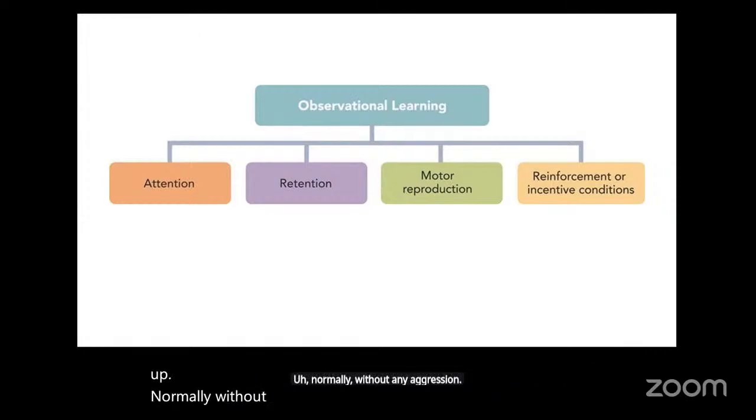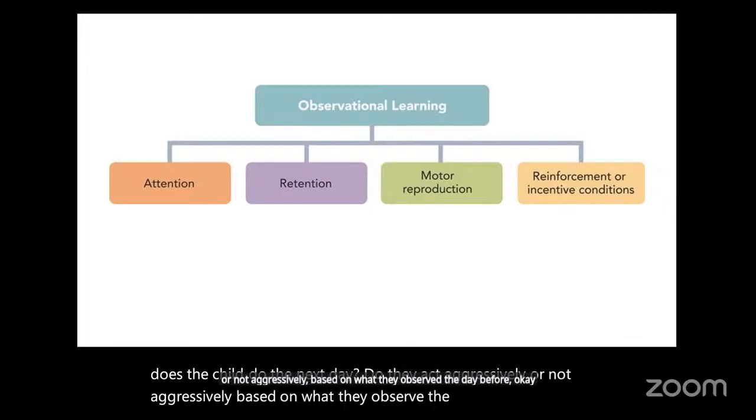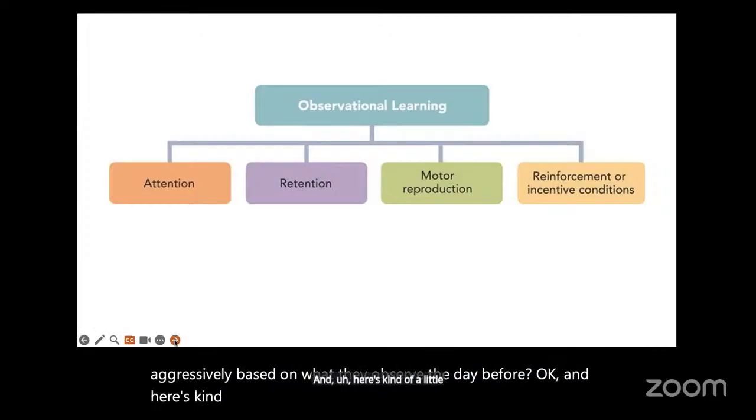And the question was, what does the child do the next day? Do they act aggressively or not aggressively based on what they observed the day before? Okay. And here's a little short clip on it. We'll just watch this really quick.